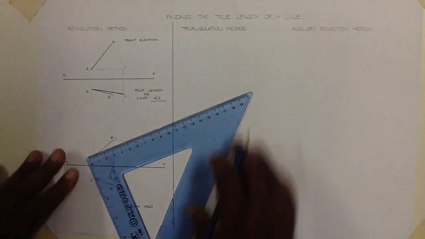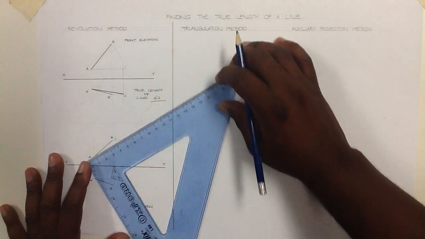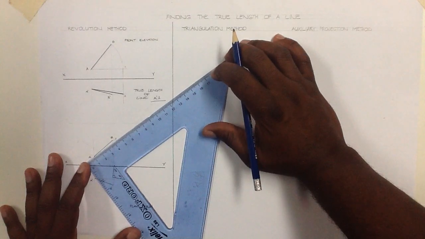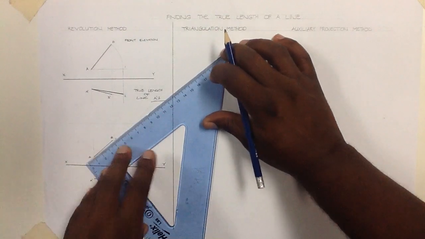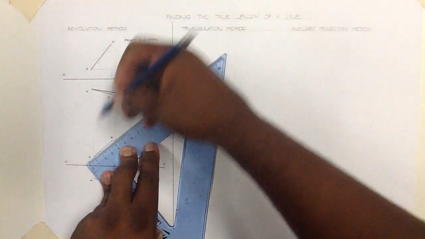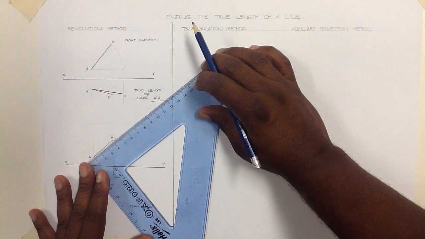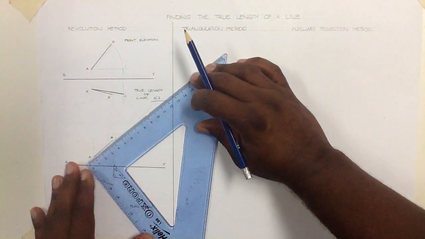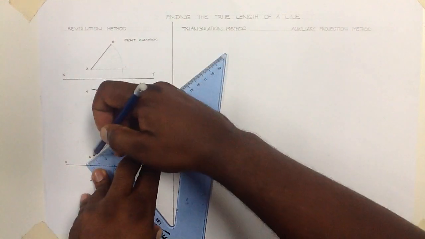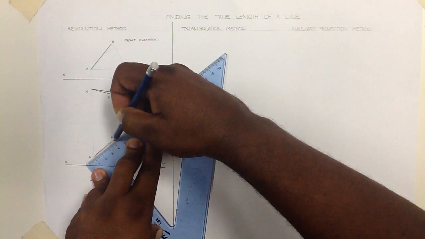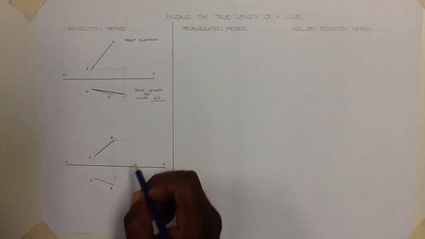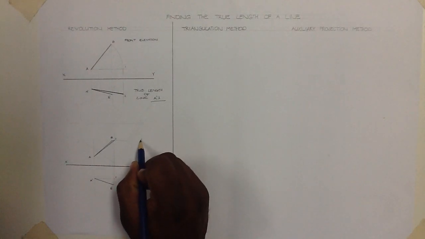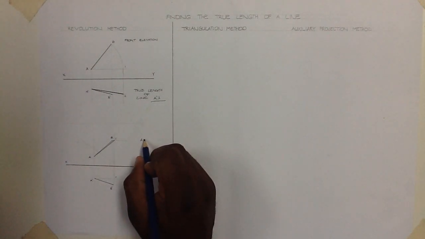You proceed now with one line that should allow you to join point A to point 2. And as a result, you would have now found the true length of your line, and that is represented with the line segment A2.